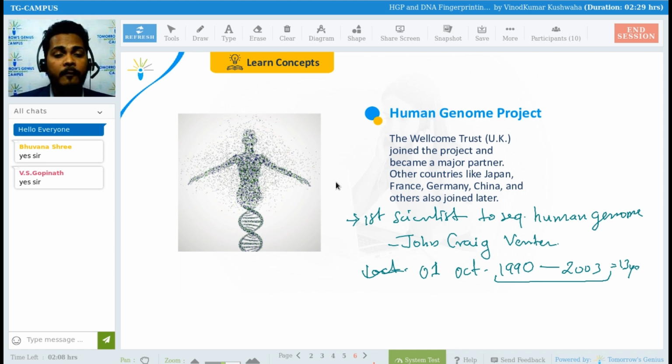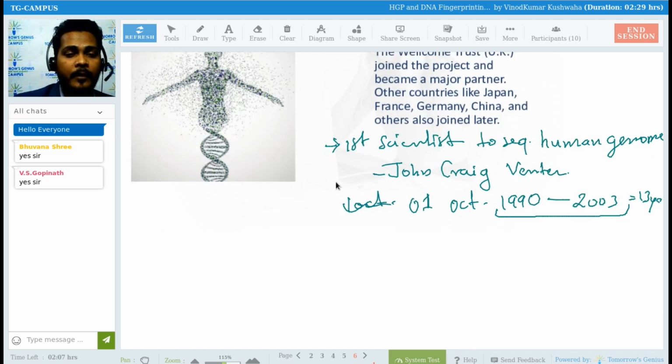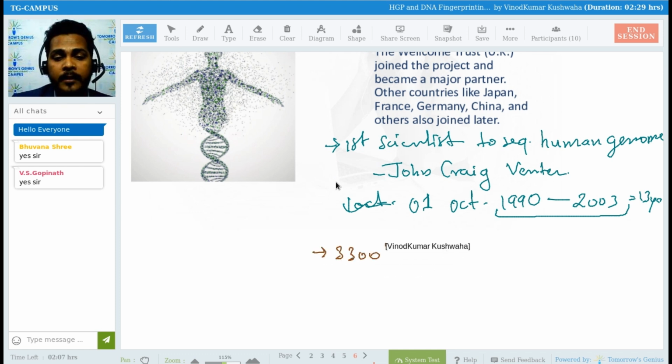Even the storage of data generated by the Human Genome Project required near about 3,300 books. Means once you create the genome, if you want to print it in the form of books, you need to print 3,300 books.